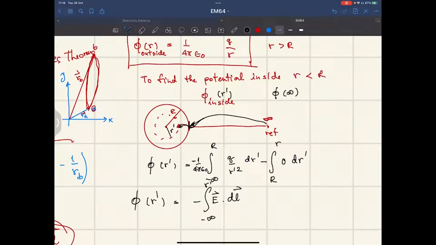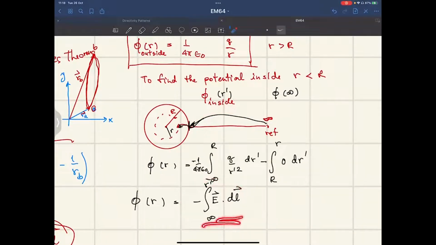Let's write it as r instead, so I don't have to use double prime here. Any question? So we want to find the potential from infinity to r here, and from the surface to here. So this is the actual integral.